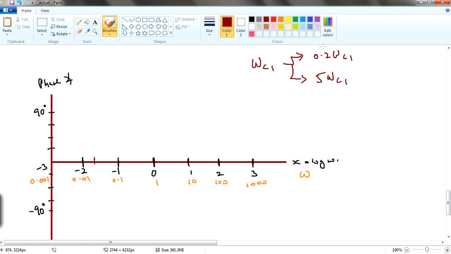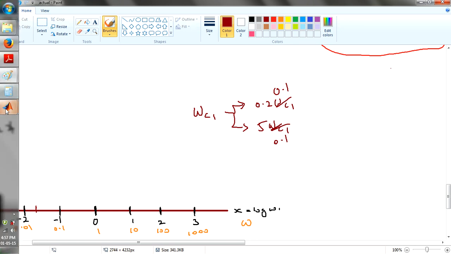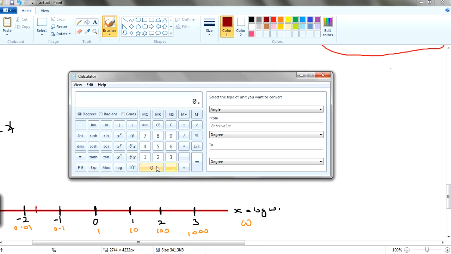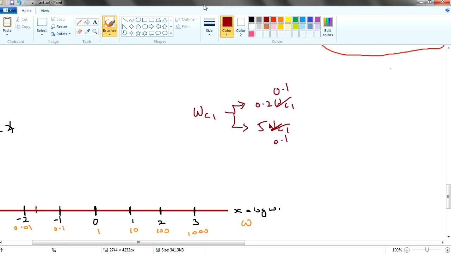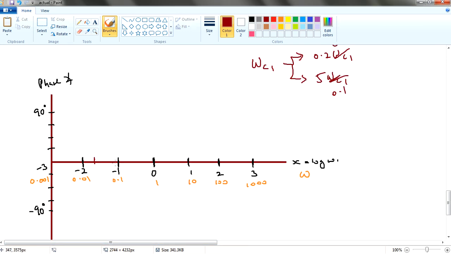You know that our cutoff frequency at this point is 0.1, so we can just simply do that. If I were to log 0.2, I'll have approximately minus 2.69, somewhere in the middle of the plot itself.